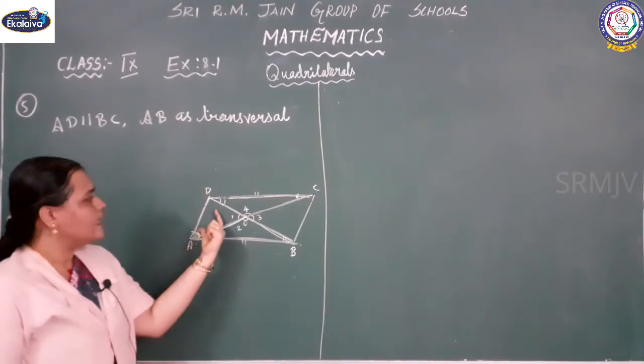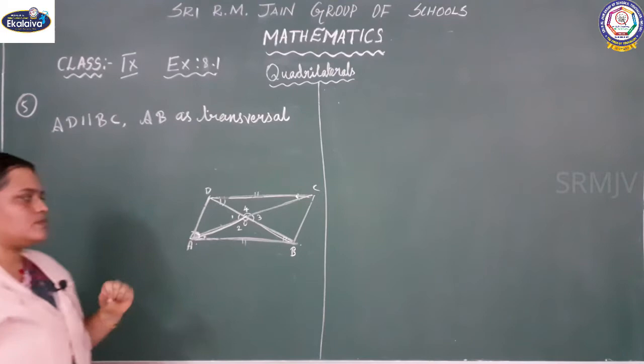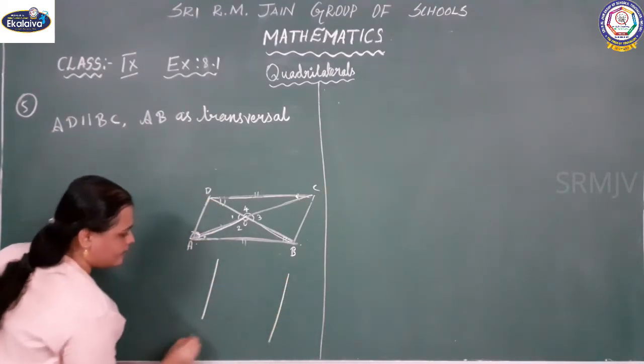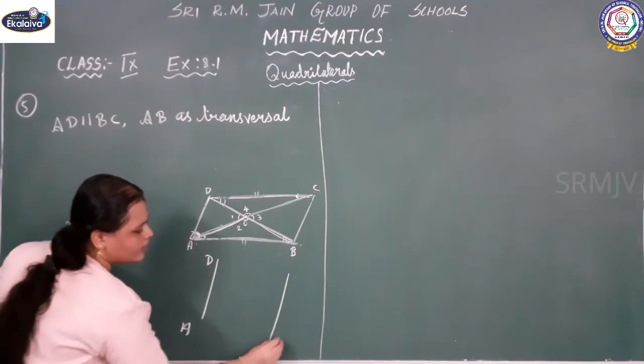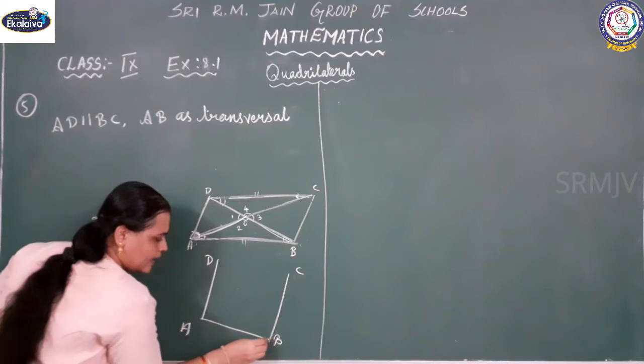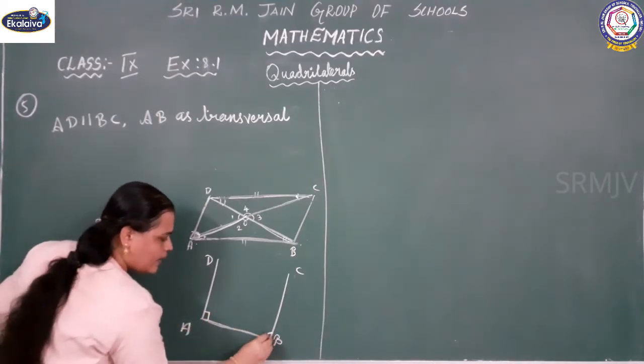So we know AD is parallel to BC and we are going to take AB as the transversal. So we have these two lines, AD and BC, as parallel, and we consider the AB line as the transversal. Then what about these two angles?